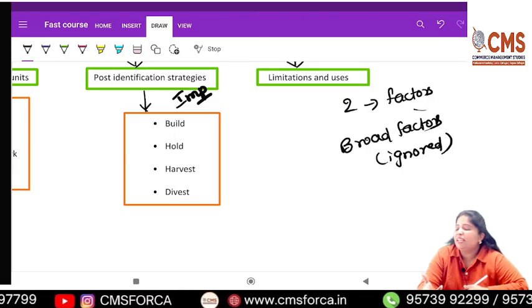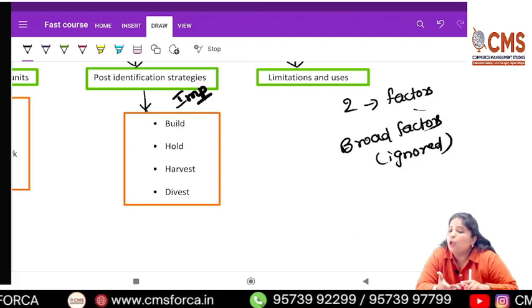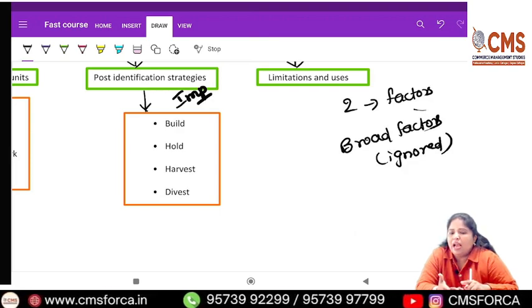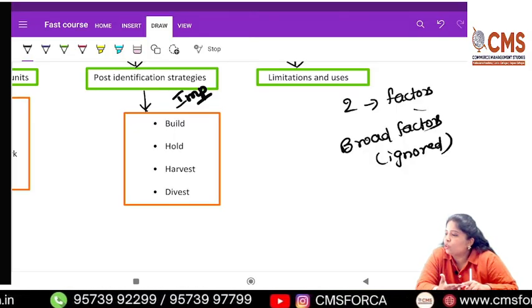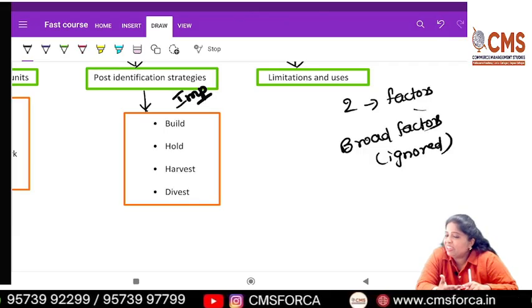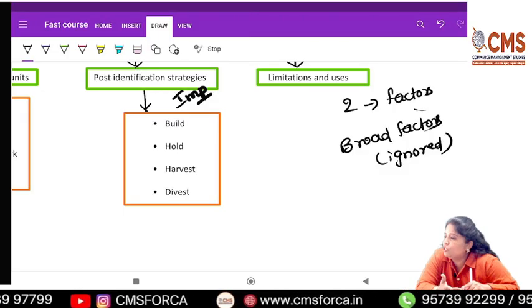We are not considering other factors like customer loyalty, employee morale, and we are not talking about plans implemented. We are not talking about maintenance, strategic management. We are not talking about optimum usage of resources.